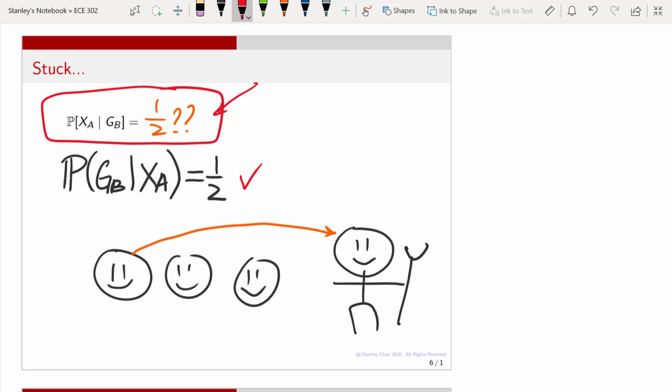Therefore, I will invite you to follow me to the next slide to talk about 2 mathematical tools to learn a technique. How do we translate from this conditional probability to the other conditional probability and back and forth?